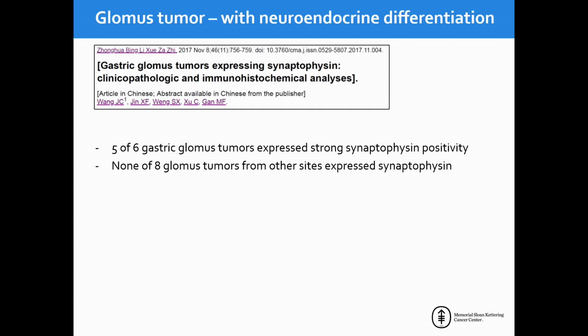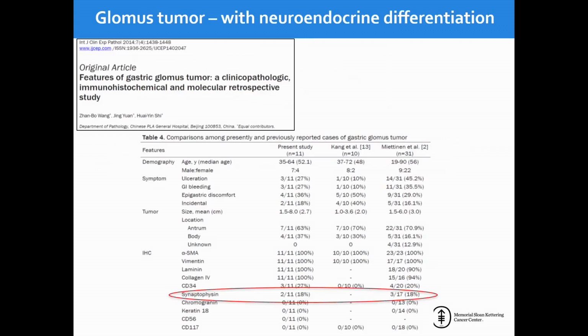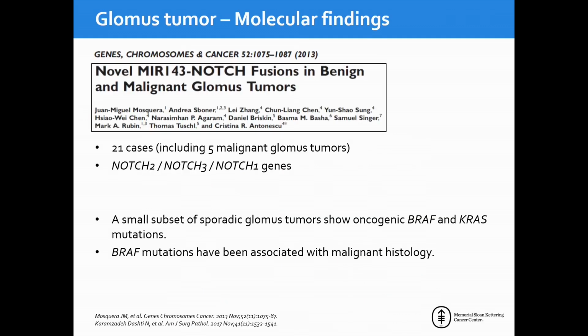However, regarding the frequency, in this paper it says it's strong and very frequent, but in some other previous studies which look purely at gastric glomus tumors and their immunoprofiles, synaptophysin was reported at about 18% positivity. Chromogranin was negative in all cases. So we should expect that some cases will definitely stain for synaptophysin diffusely. I think that should be at the back of our mind when we are looking at any of these cases.